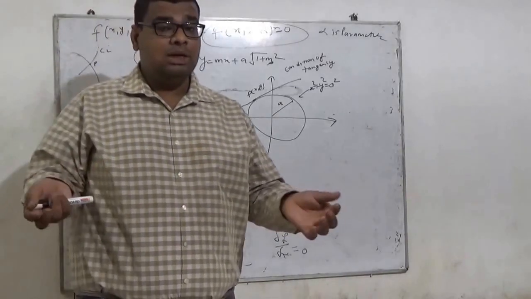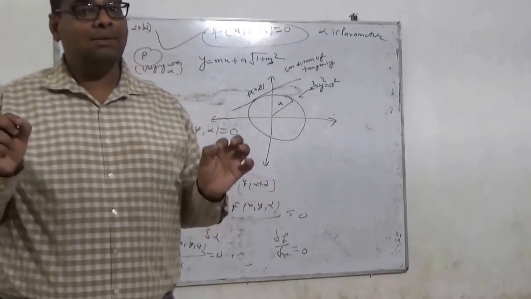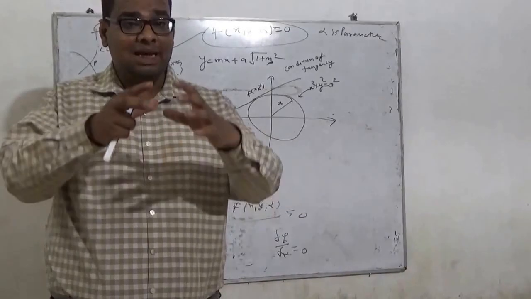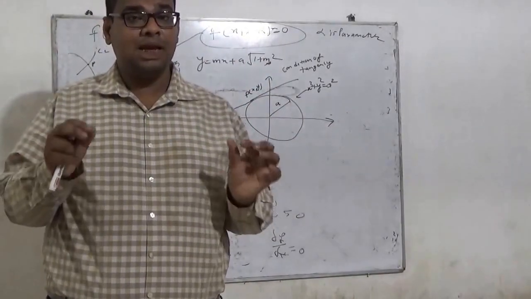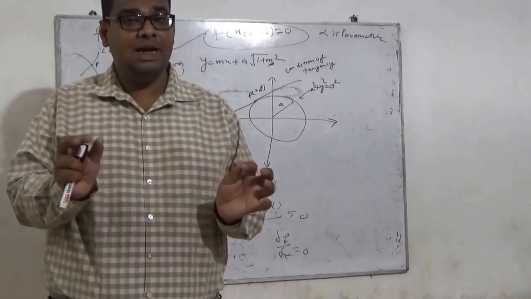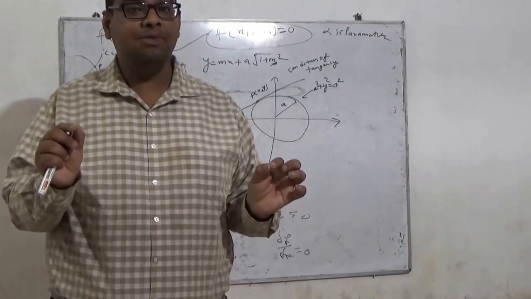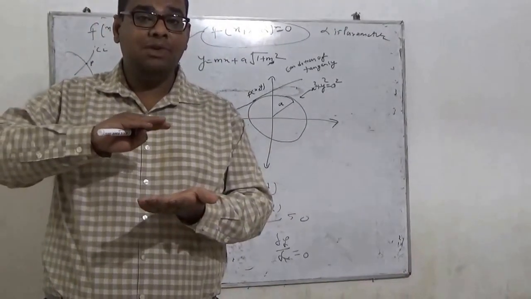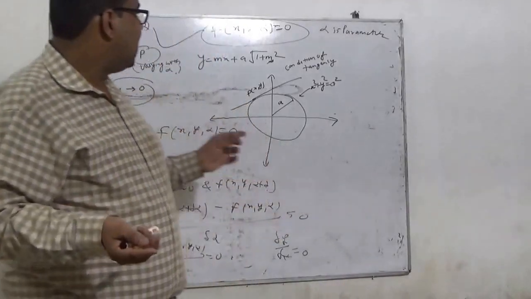So the concept of the envelope says that if there is an equation of a curve in which one parameter can be varied, and according to that parameter we can get more than one equation of the curve, then we have a family of curves.